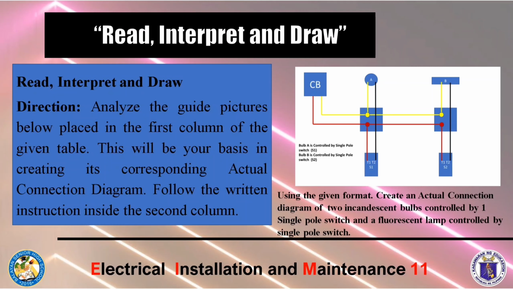Using the given format, create an actual connection diagram of two incandescent bulbs controlled by one single pole switch and a fluorescent lamp controlled by a single pole switch, and you will be graded according to this rubric.